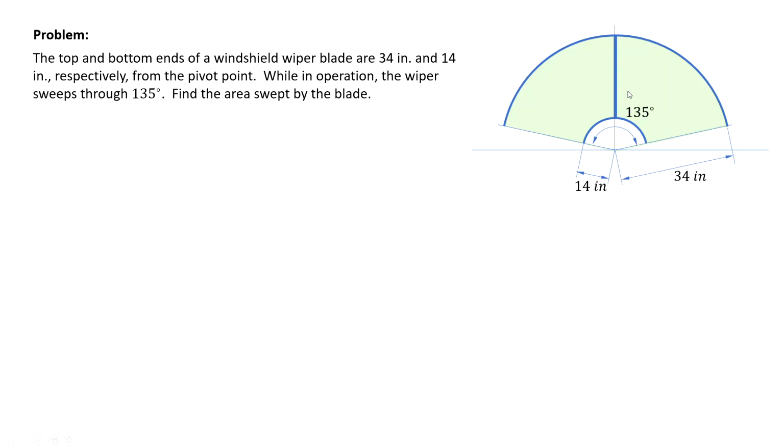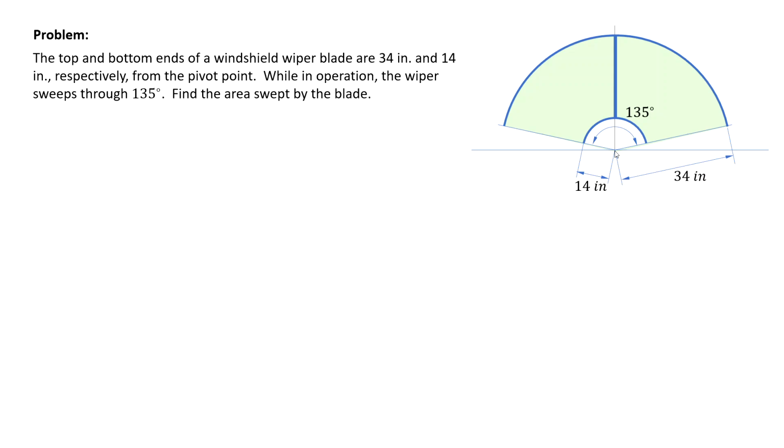What is this? This is the wiper blade. That wiper blade swings back and forth. And the bottom edge of it is here, and the top edge of it is here, and so it sweeps out this whole area. And the bottom edge is apparently 14 inches from the pivot point.